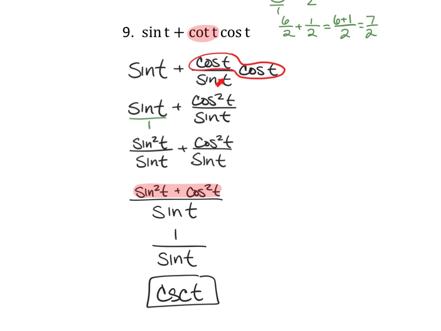So look at your formula chart at the quotient identity. Cotangent is defined as cosine over sine. So I just changed the cotangent to cosine over sine. Oh, yeah, okay.